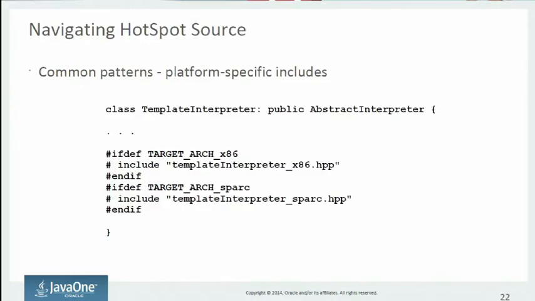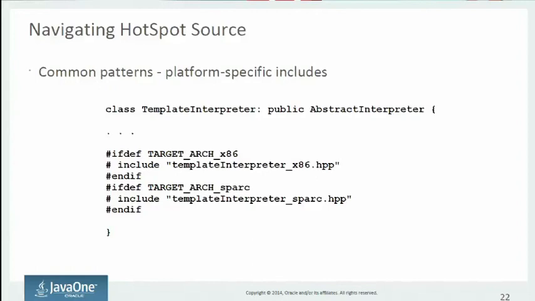Good. Okay, another thing that Hotspot does, which might be a little bit strange to people who program in C++ quite a bit, is taking advantage of the fact that we never have to be more than one platform at a time. The same JVM never executes on more than one platform.